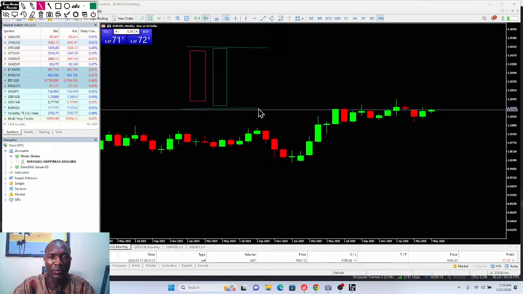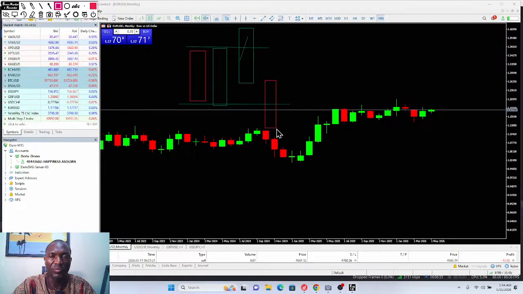And these two candles, if this particular candle comes and breaks it to the other side, this is an uptrend, and it is creating a pattern.